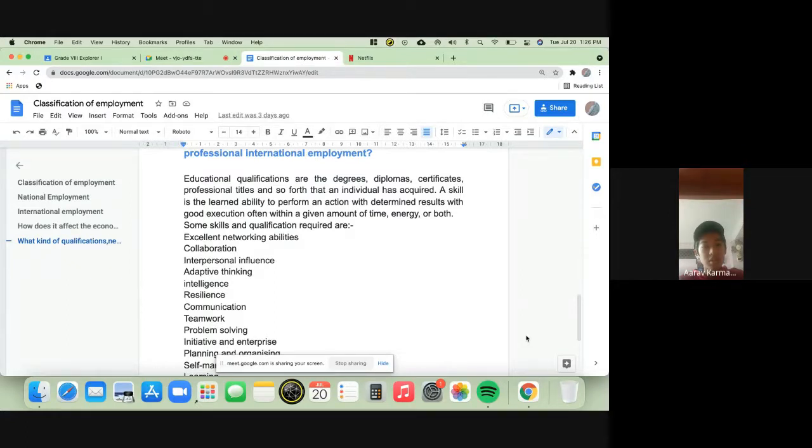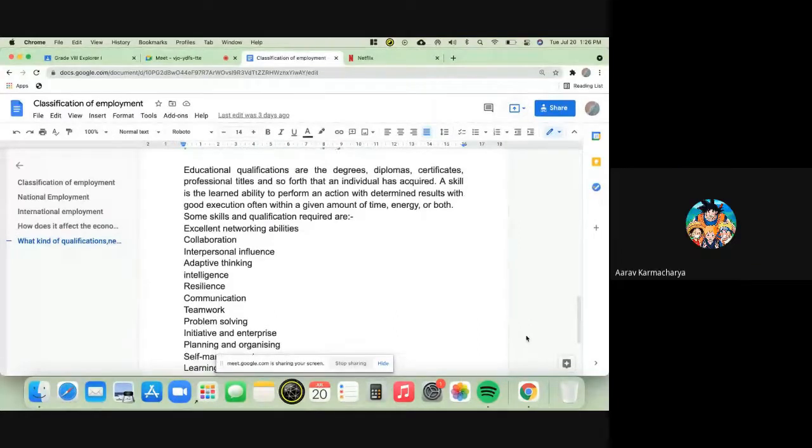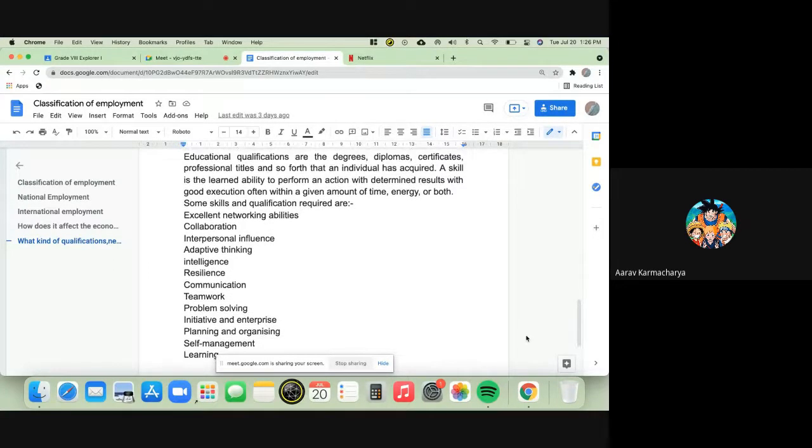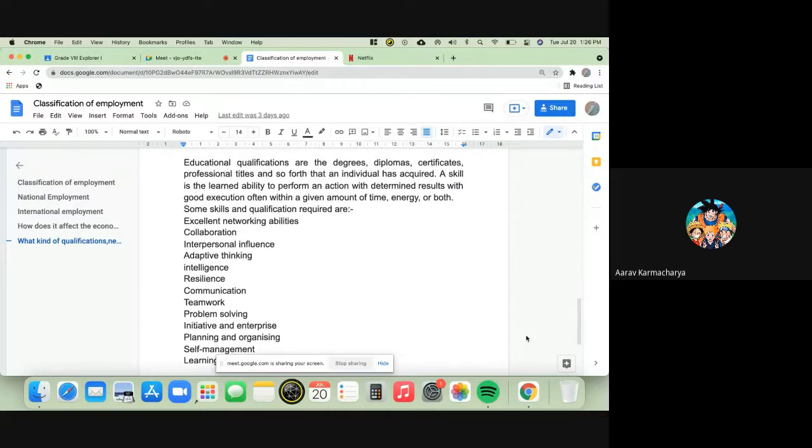Some skills and qualifications required are excellent networking abilities, collaboration, adaptive thinking, intelligence, resilience, communication, teamwork, problem solving, interactive and enterprise skills, planning and organizing, self management, etc.